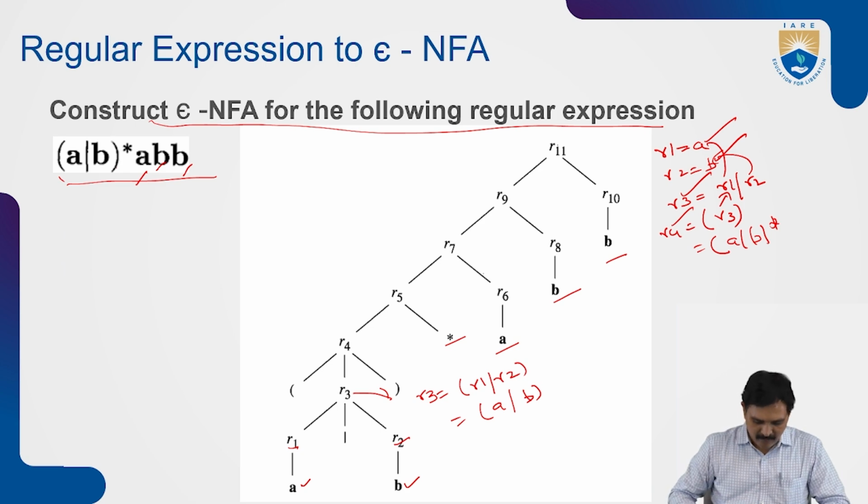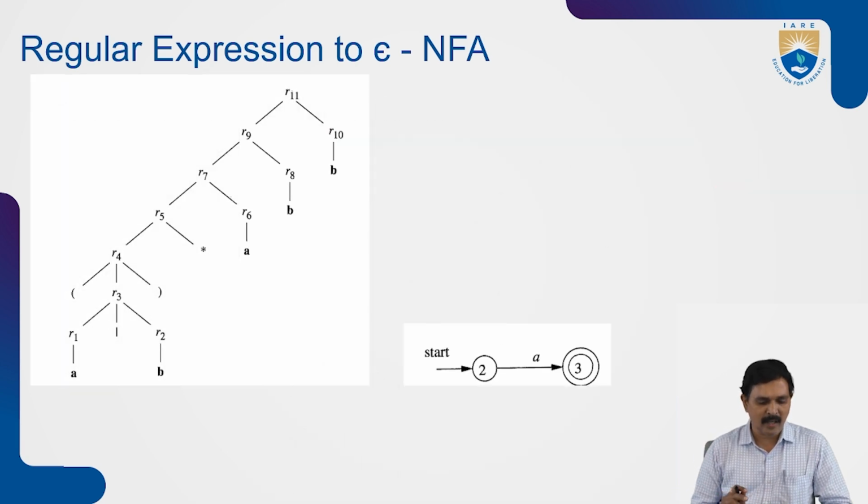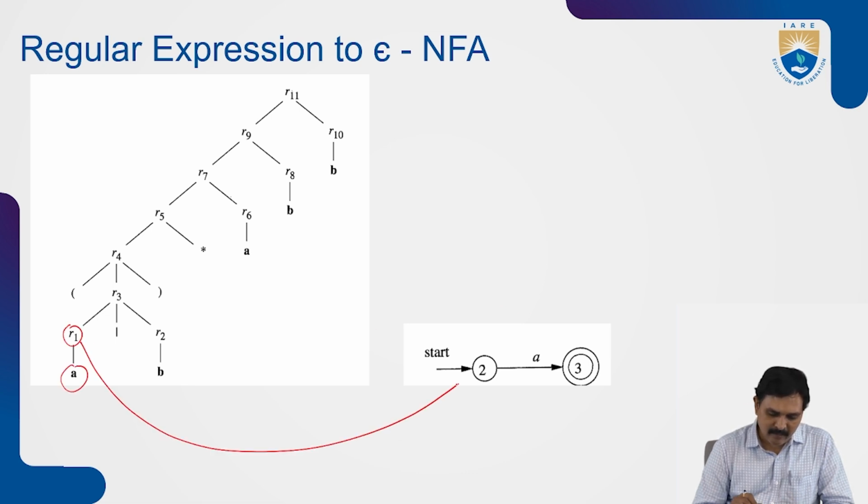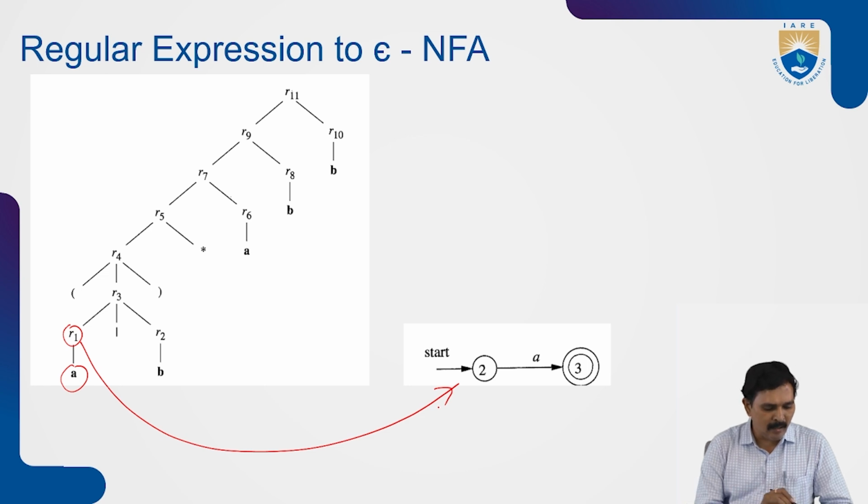This is how I want to show the analysis. First is only R1. This regular expression, R1, shows A. This is the NFA of the regular expression R1, the R1 equivalent NFA.